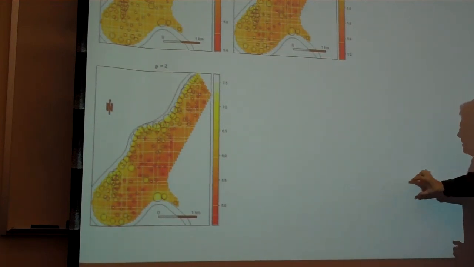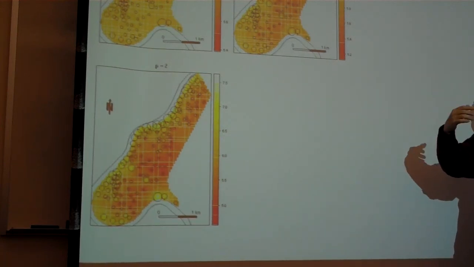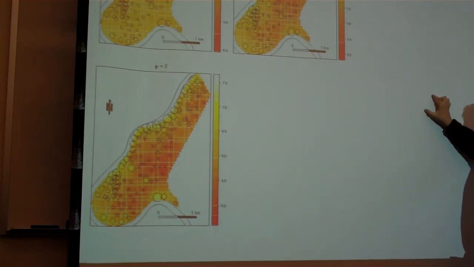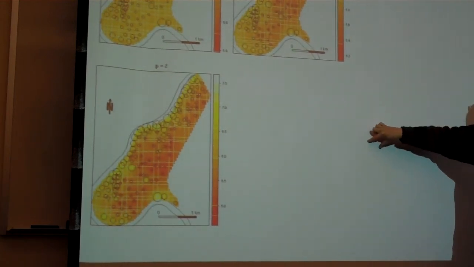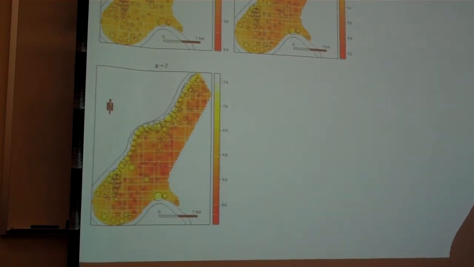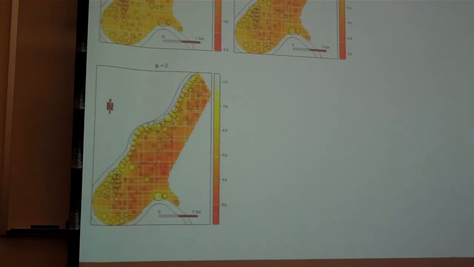So there are going to be more points in this ring than in this ring. So you might want to downweight that larger ring by a squared function as opposed to just the distance.